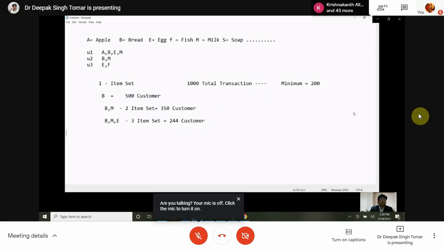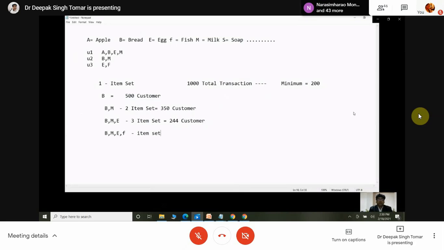Then we put bread, milk, and more items, a four item set. For example, it says 143.